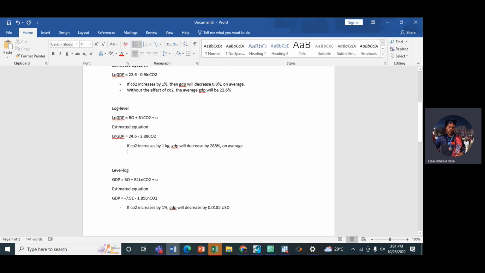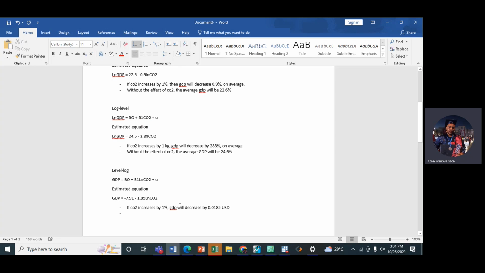To interpret this constant, what you say here is that without the effect of carbon dioxide, the average, again please never forget to use average, the average GDP will be 24.6. Again, here is log, so I'm using percentage.